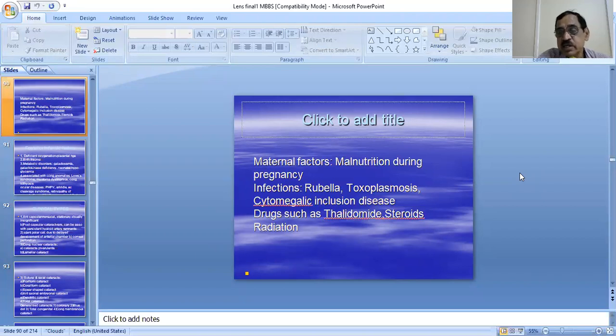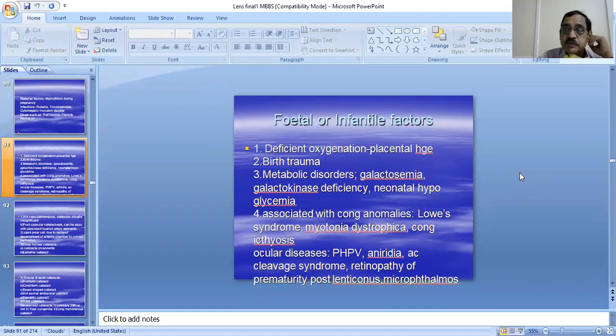Suppose the mother takes certain medication during the pregnancy, such as thalidomide and steroids, the child can be born with a congenital cataract. And if the mother is exposed to radiation during the pregnancy, then also the child may be born with a congenital cataract. There are certain fetal or infantile factors which can give rise to cataract formation.